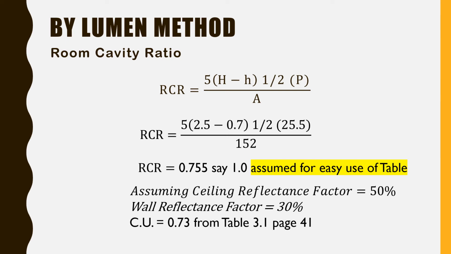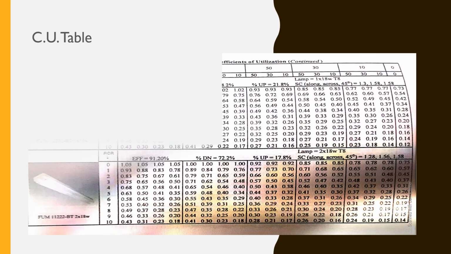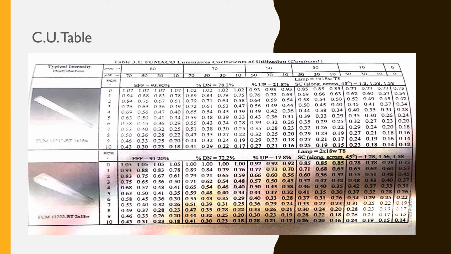Using that reference, you can get the coefficient of utilization, which is 0.73 from table 3.1, page 41. Let's see. So this is the coefficient of utilization table. This table you can also see in other lighting manufacturing books. So it depends on what lamp you are using.